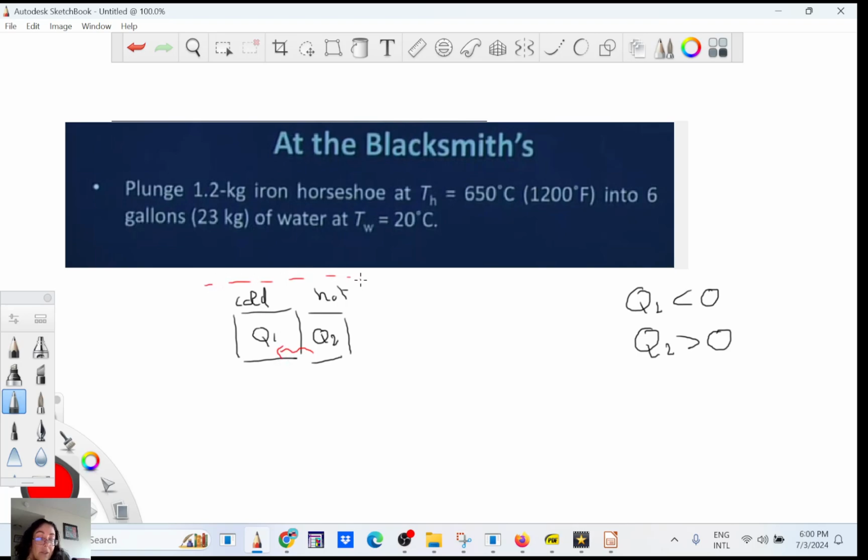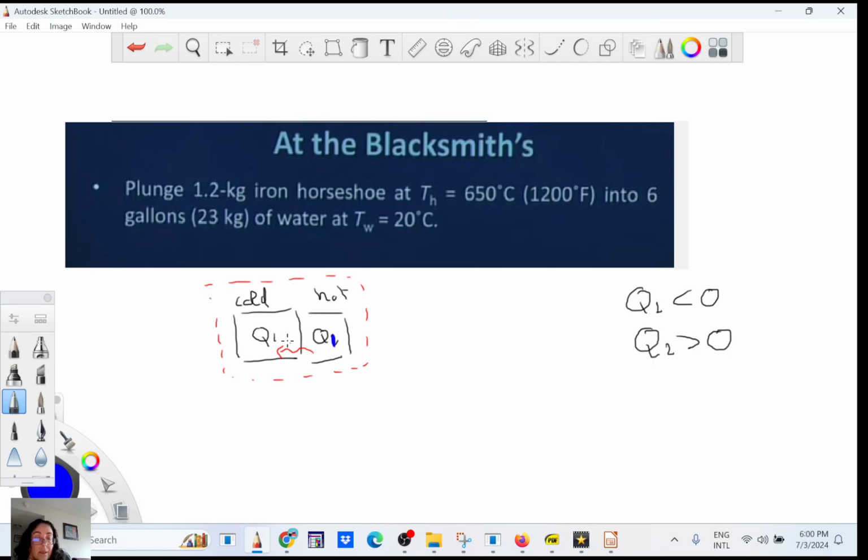We suppose that the system is insulated. So you have conservation of energy, which is the first law of thermodynamics. It means the energy lost by one is gained by the other one.